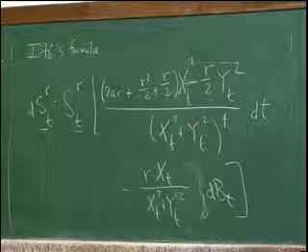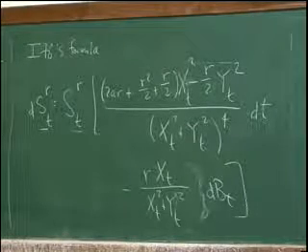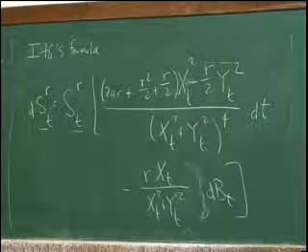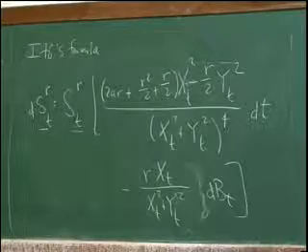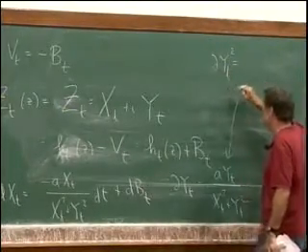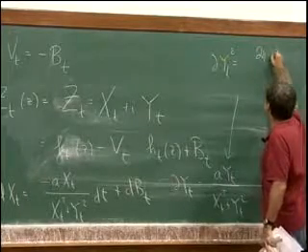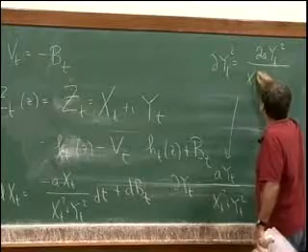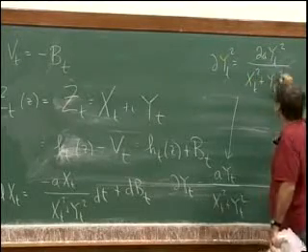Okay, now just a couple of points. y_t is like this. Another nice way of writing this is d y_t squared equals 2a y_t squared over x_t squared plus y_t squared.